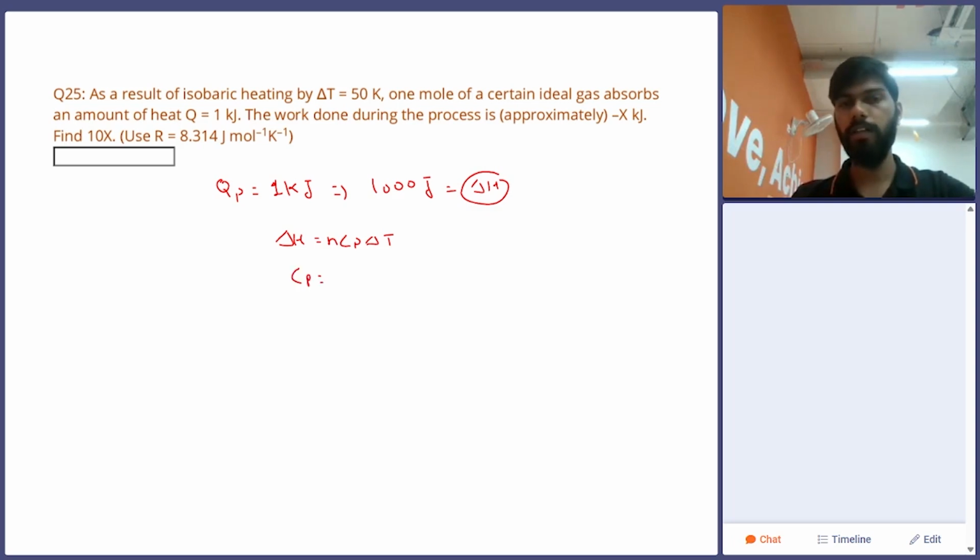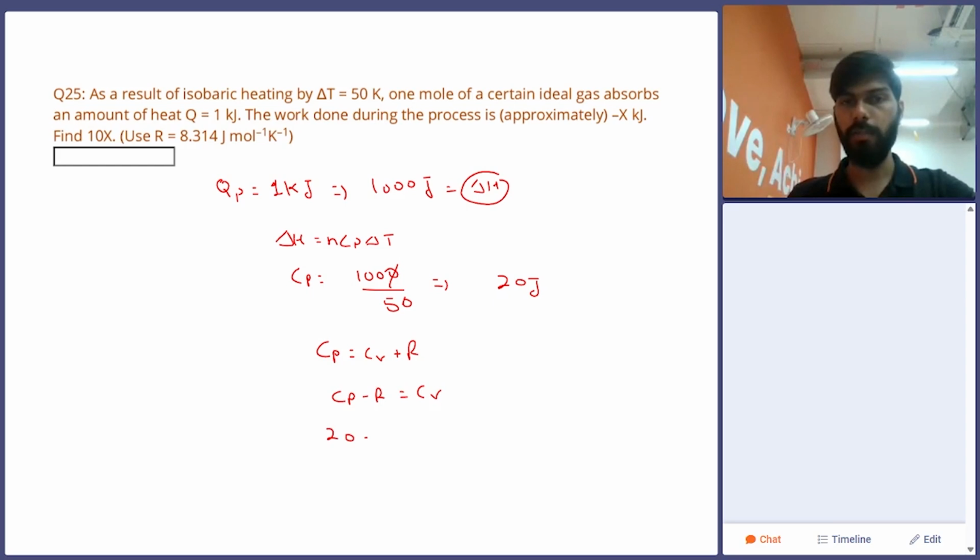Okay, so Cp will become delta H upon n, where the n value is 1 mole. So this will become 1000 upon 50, that is 20. Okay, the Cp value is 20 joules. And now Cp is equal to Cv plus R. So Cp minus R is equal to Cv.